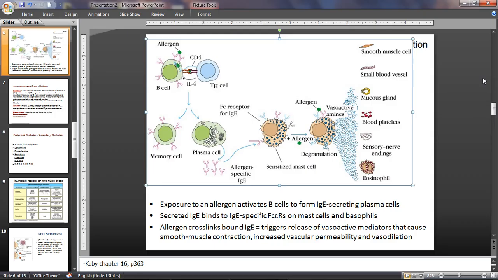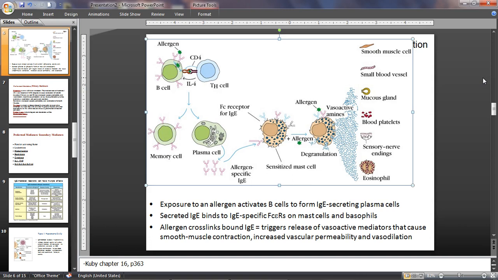So the clinical features of the allergy could be smooth muscle cell contraction. This could be seen in the smooth muscles of the bronchi and the respiratory tract.